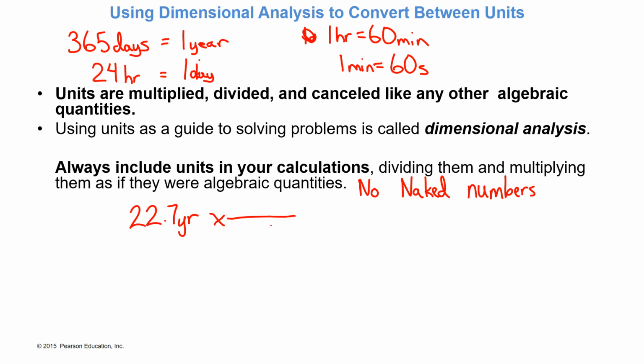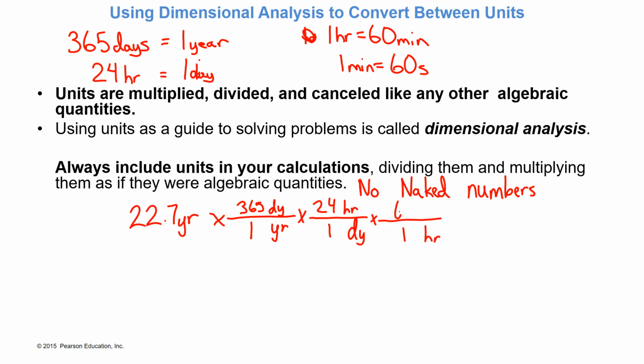So I'm starting in years, so I'm going to put years down here. So for every 1 year, 365 days. I can get rid of days. 1 day is 24 hours. I can get rid of hours.